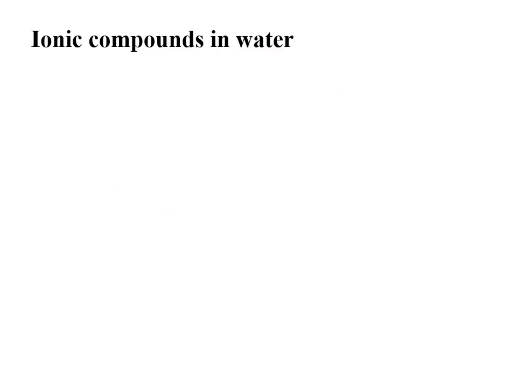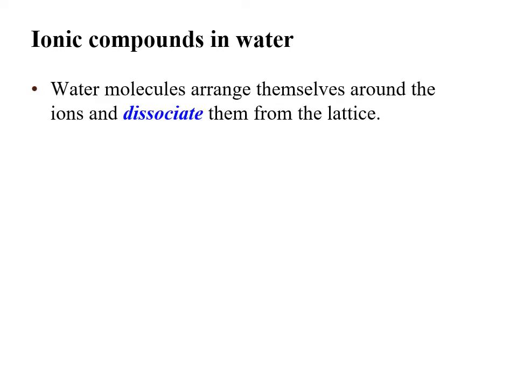Now, how are compounds dissolved in water? Ionic compounds can be dissolved because water molecules arrange themselves around ions and dissociate them from the lattice, so there are no solid particles in solution.